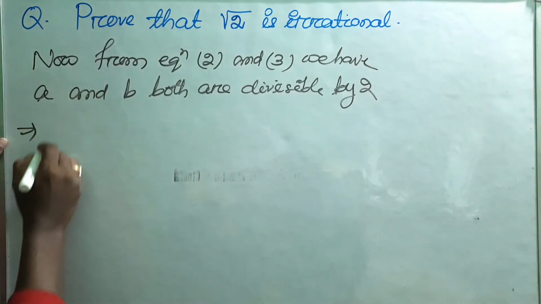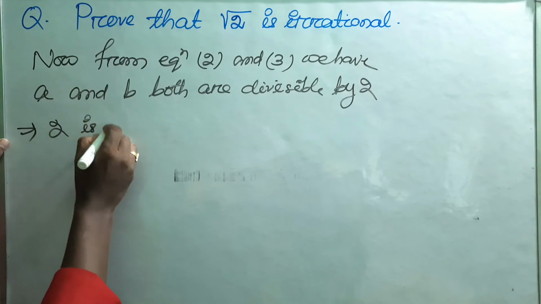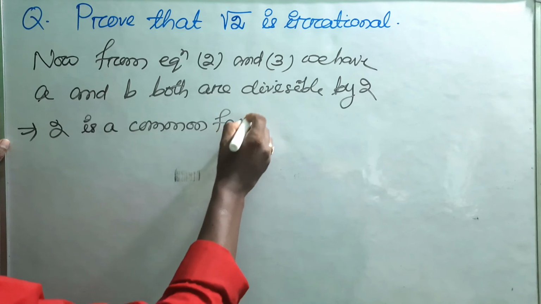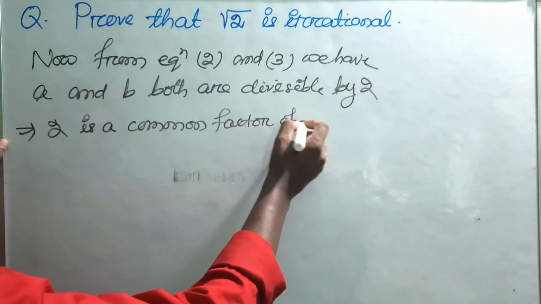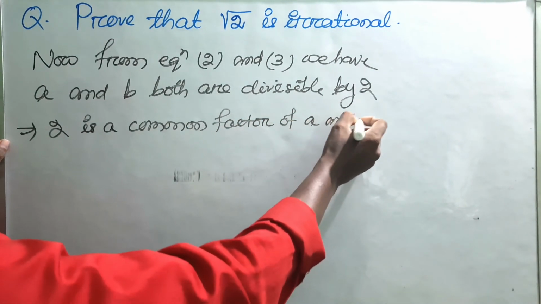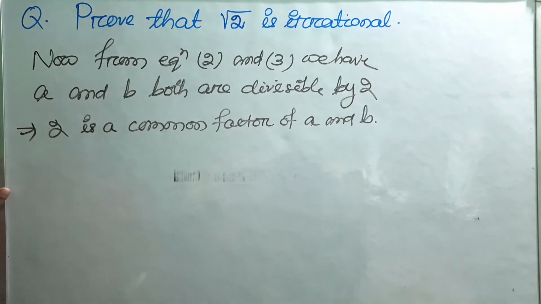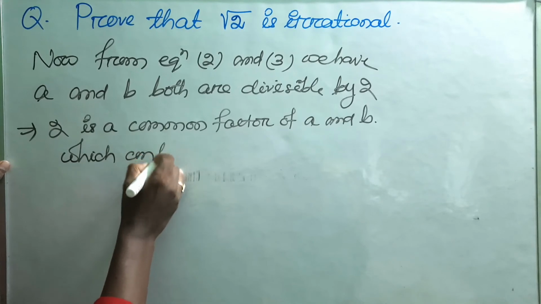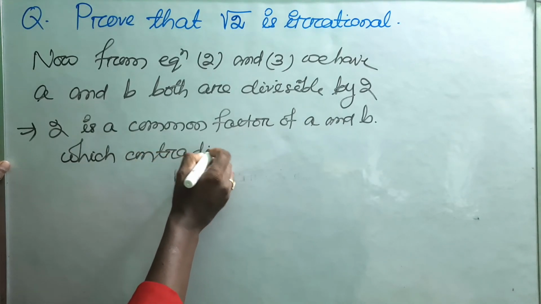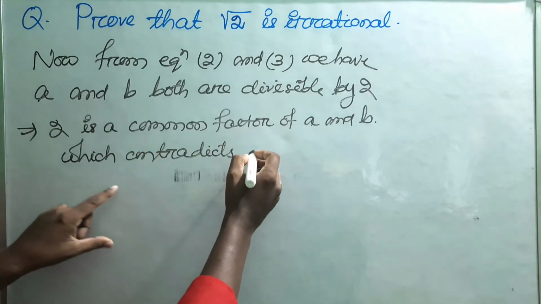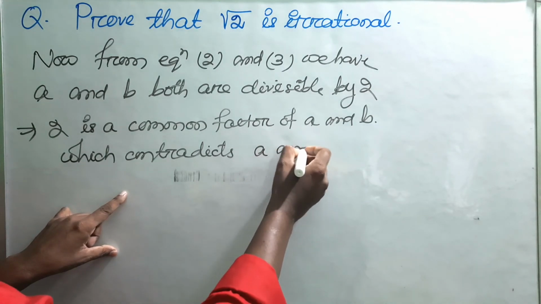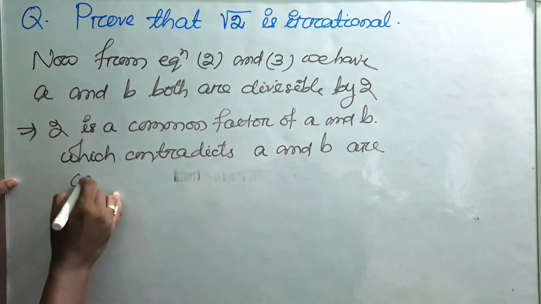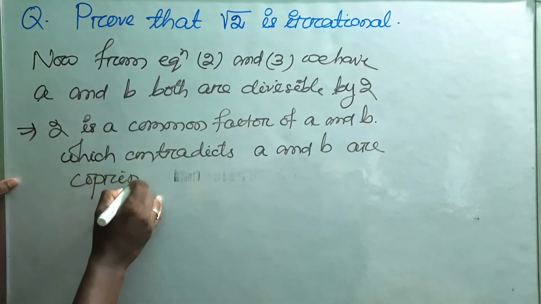That means 2 is a common factor of a and b, which contradicts that a and b are co-prime. Is it not?